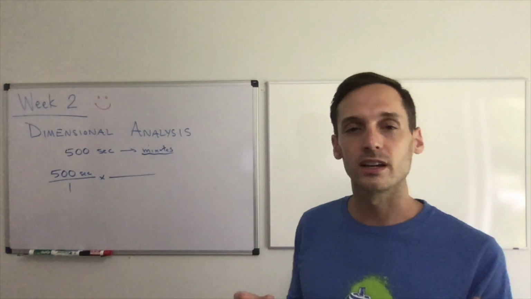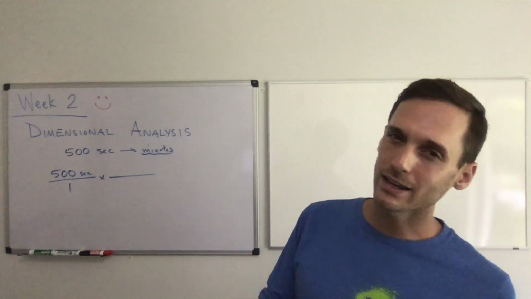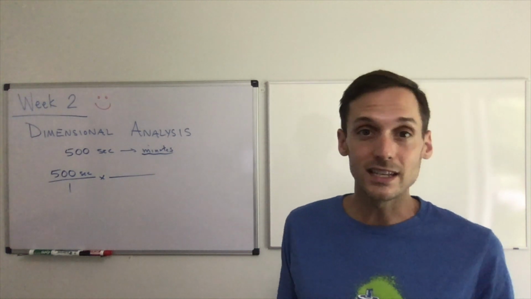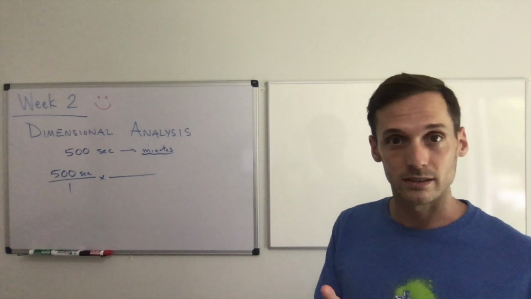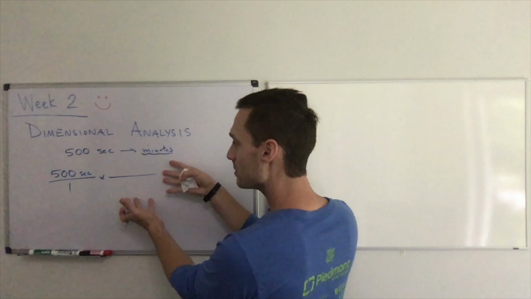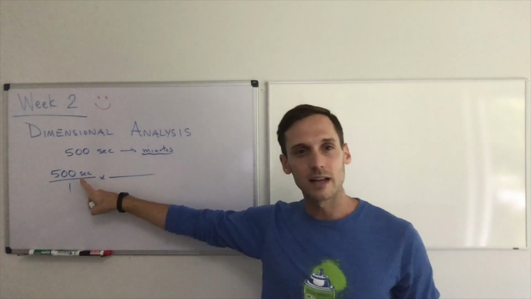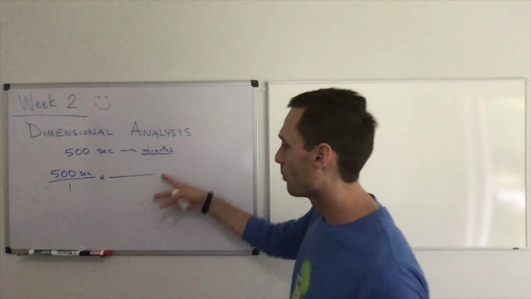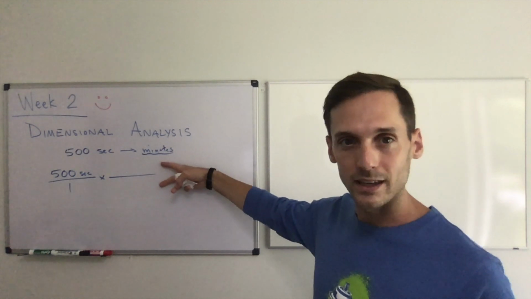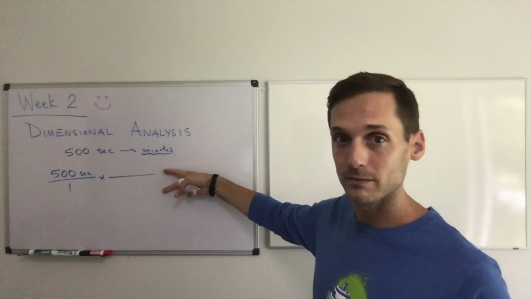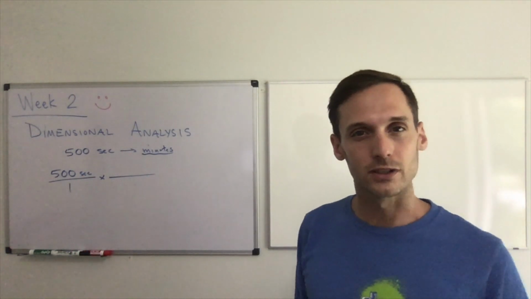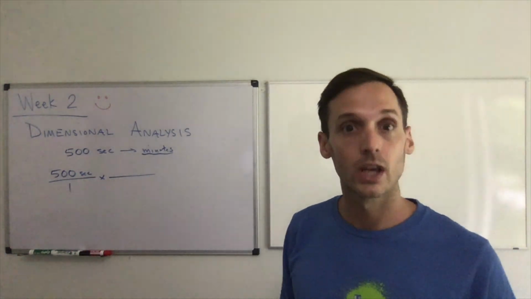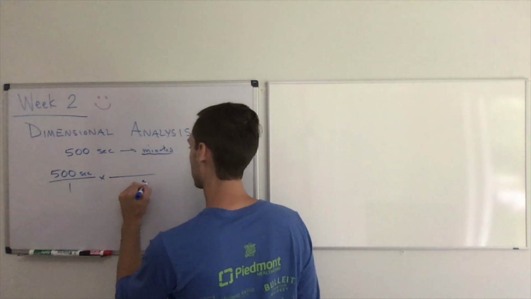So you want to think of something that relates seconds to minutes. This is an easy one because everyone knows we have 60 seconds for every 1 minute. We're going to use that in order to cancel out this unit seconds. Where would we put the unit seconds in our second fraction in order for it to cancel with seconds in the first fraction? Good. We're going to put it in the bottom.